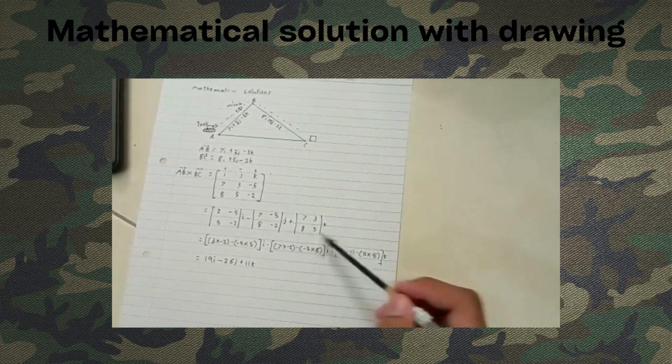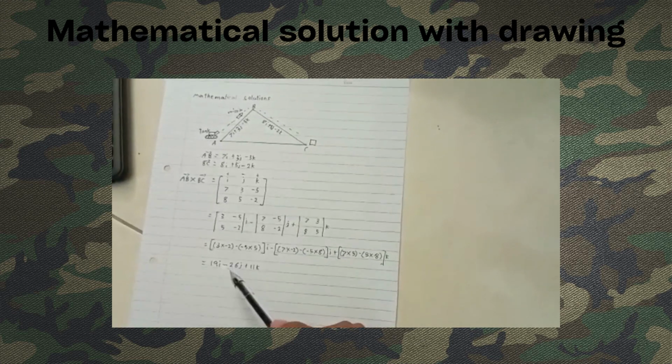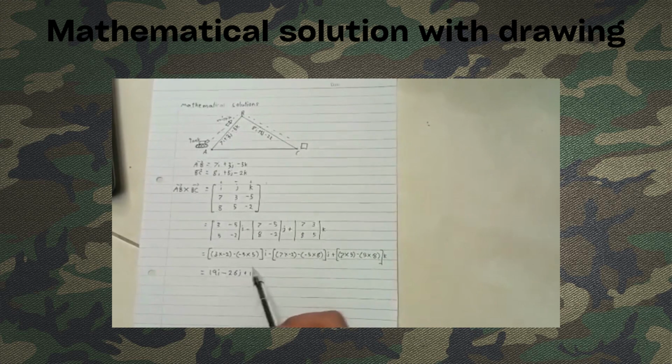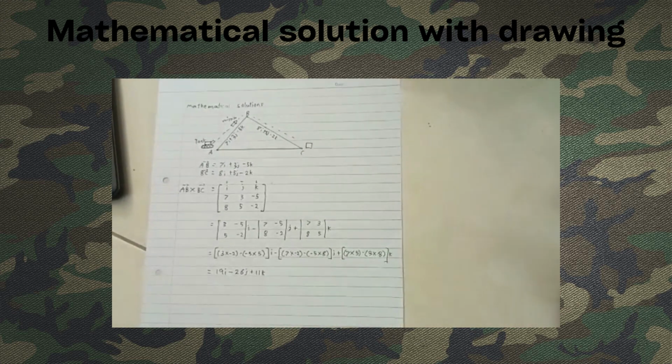Minus, we calculate here, we get 26j, and calculate here, we get 11k.